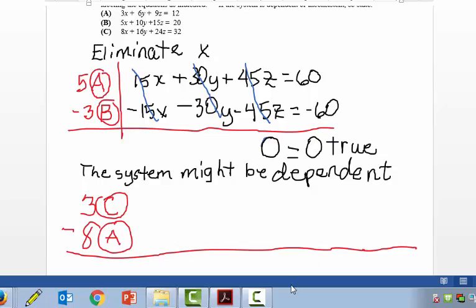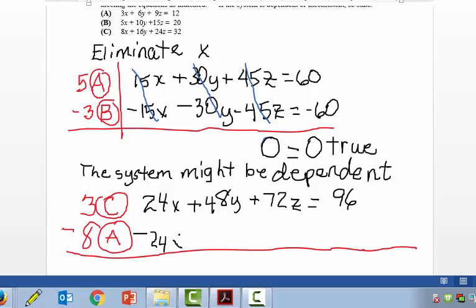Sometimes that's not my smallest factor to use, but I can always use the coefficient of the variable I'm eliminating in one equation times the other equation, and vice versa, to get opposite coefficients.